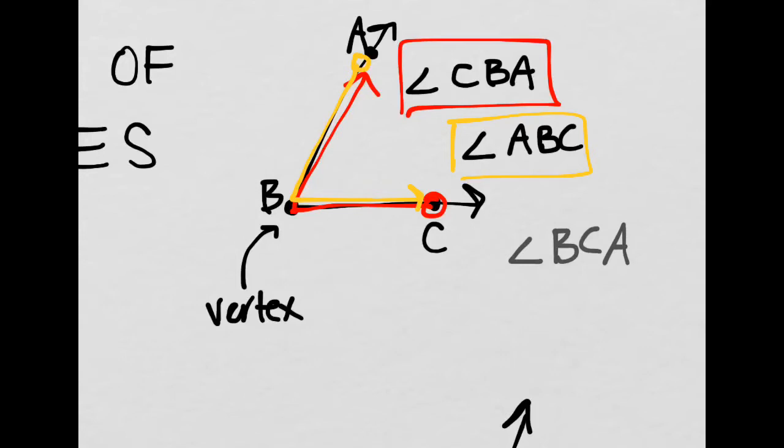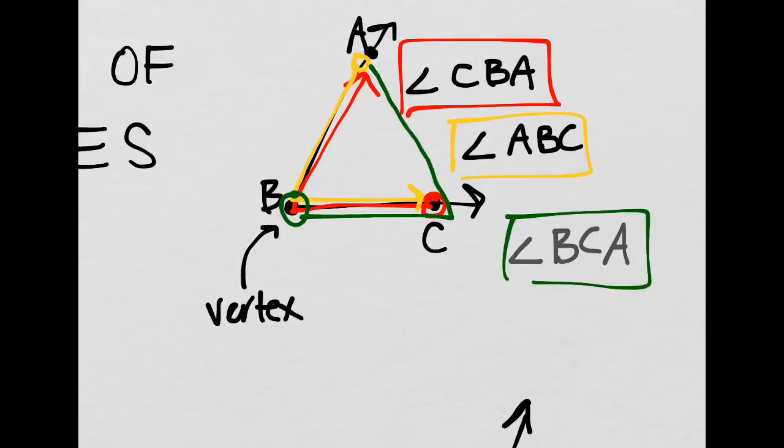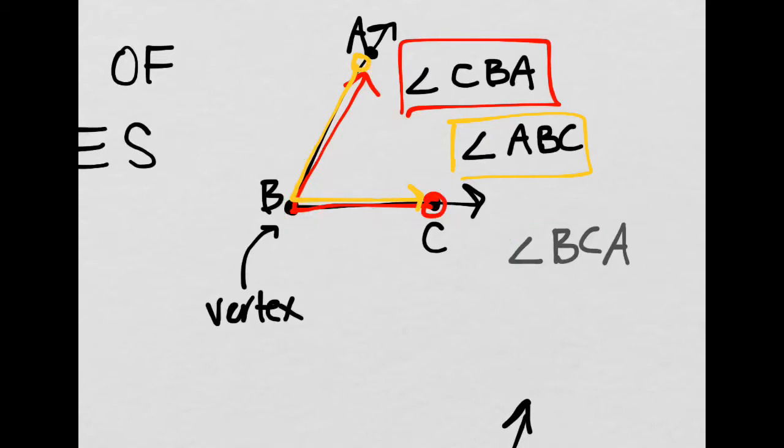Is that the same angle here? Start at B, come over to C, go to A. Wait a minute. This here is not the angle I want. I want this section in here to be my angle. So that is why it's really important to make sure that you put your vertex in the middle of your naming. Okay? All right. That is an angle.